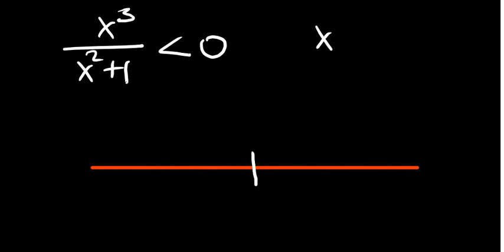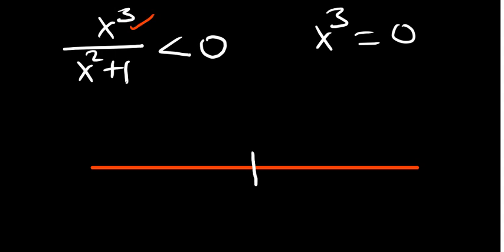So we expect that x to the power 3 should be equal to what? To 0, because that is the only possible way that we can have a 0 in this function, if the numerator is equivalent to 0. If you find the value of x that can make that 0, it's only 0 itself, right? Looking at the numerator, only 0 can make it equal to 0, not any other value.